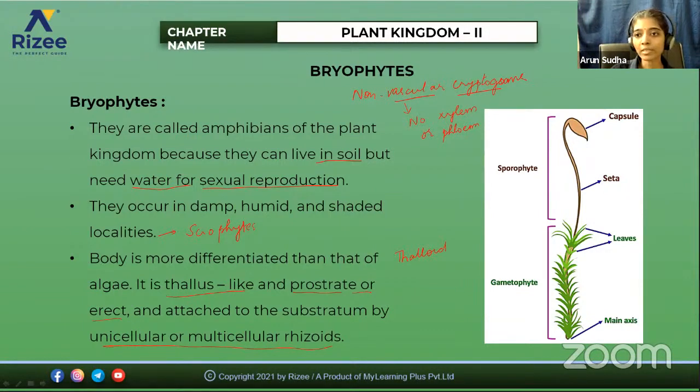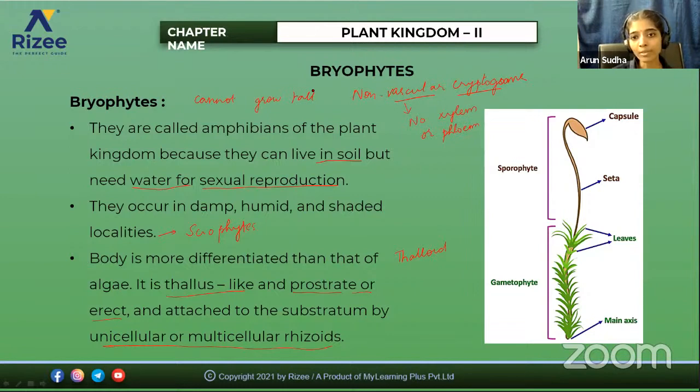So bryophytes don't have xylem or phloem; they are non-vascular plants. Because of the absence of xylem and phloem, food materials and water cannot be conducted over longer distances. So bryophytes cannot grow tall because of the absence of vascular tissues.